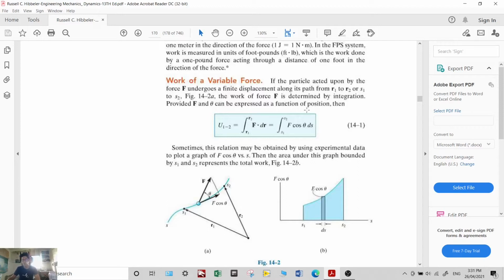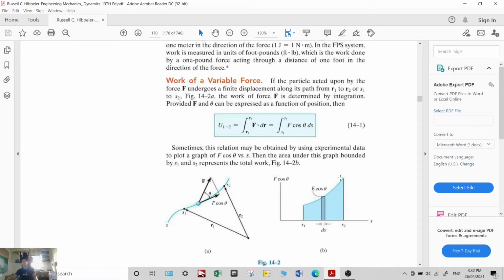So what you do is you sum up the work using this integral of F cosine theta ds, integrated from S1 to S2. Now take note that this F cosine theta is the equation of this line.